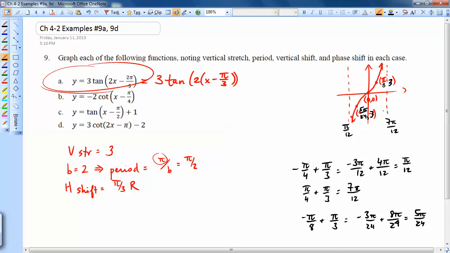And then the pi over 8 is going to end up at, let's see here, 3 pi over 24 plus 8 pi over 24, so we're going to get 11 pi over 24 for that one. So this point will be 11 pi over 24.